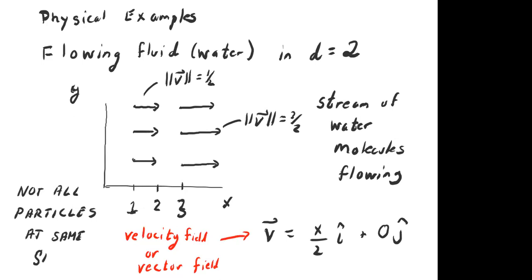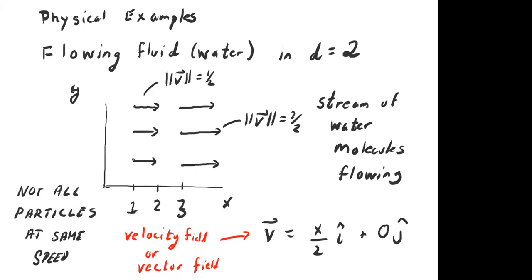They all move in the same direction, but as you go further and further to the right, the magnitude of these velocity vectors gets bigger and bigger and bigger. So in this particular model, the 2-dimensional water field, or 2-dimensional fluid, the water molecules are flowing from left to right, but they're moving faster as you go to the right. And you can imagine visualizing this if you go to Rock Creek Park in Washington, D.C., on a spring day, watching water flow down a river or a small stream.